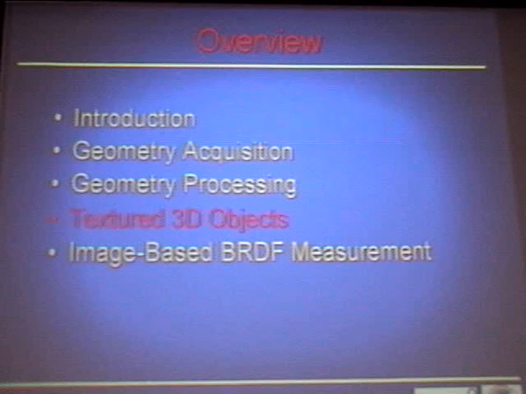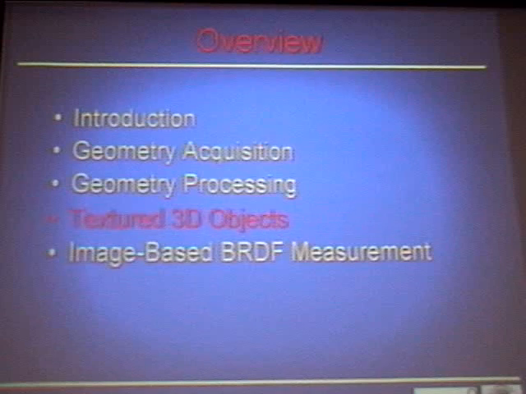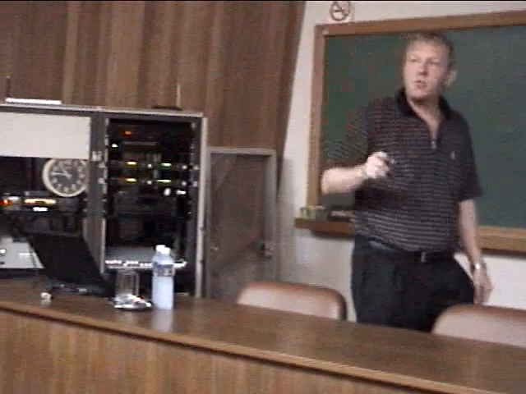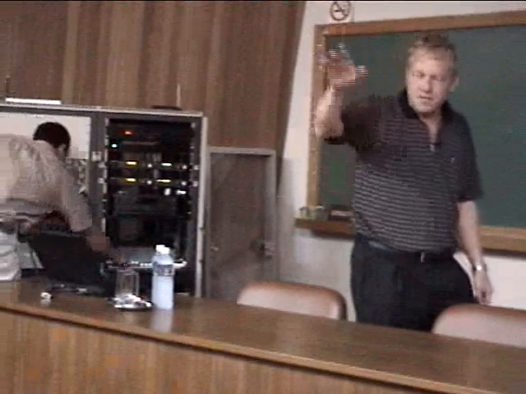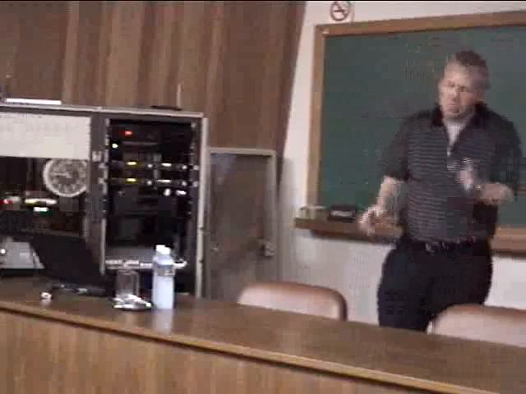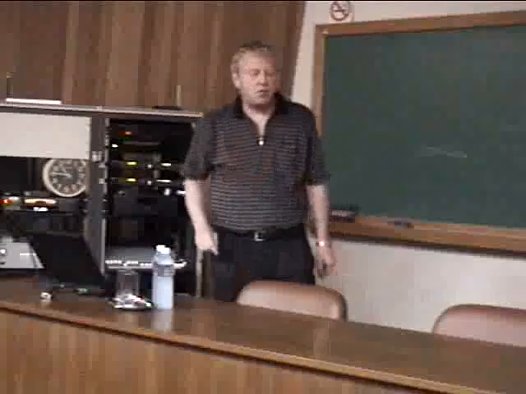And whether you perceive this as a somewhat diffuse object or a highly specular object may actually depend on where you're sitting in the room. People sitting in the front will perceive this as a highly, almost mirror-like object, while people sitting higher up may have the impression of a diffuse object.